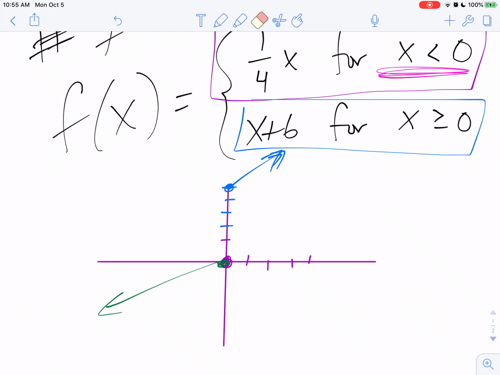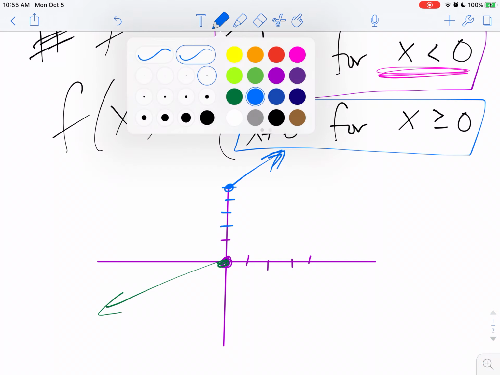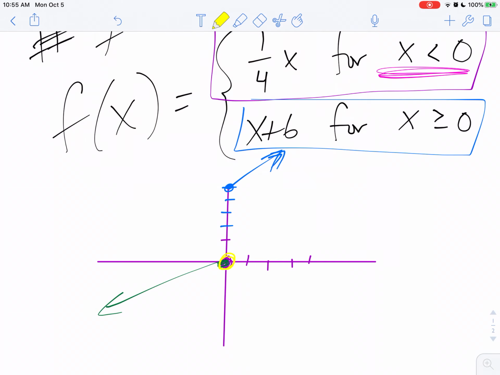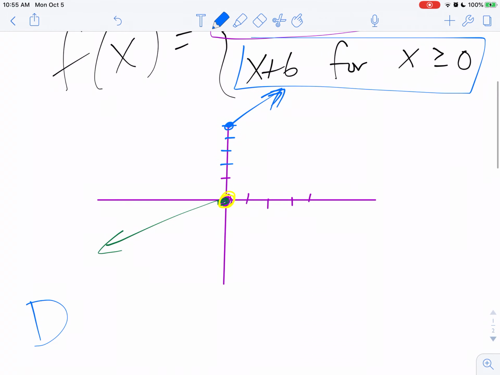And I guess I'm not super picky about my graphs. This should have been, I'll highlight it in yellow, an empty dot technically because of this symbol up here. But it's not going to affect our answer on this. So for this one, my domain is going to be all real numbers, okay?